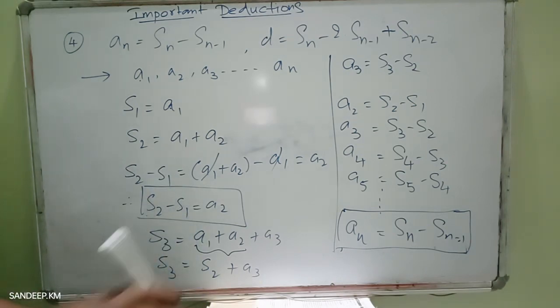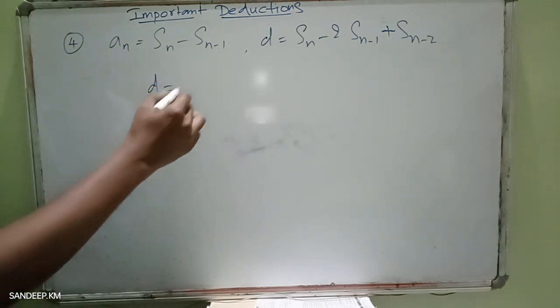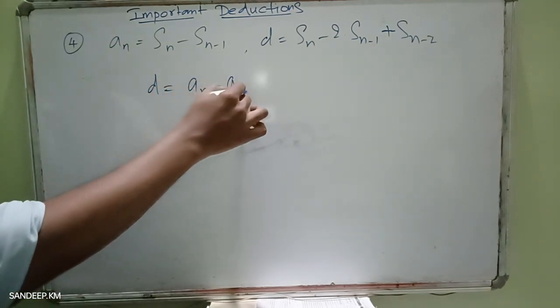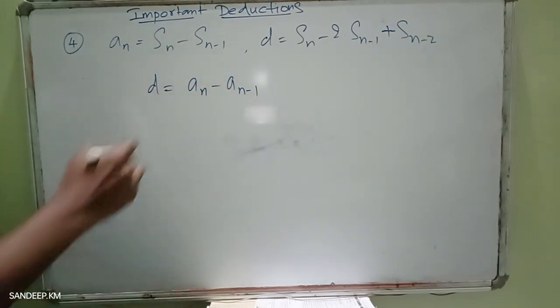Similarly, let us derive the common difference formula. We already know that the common difference is an minus an minus 1, the nth term minus its previous term.